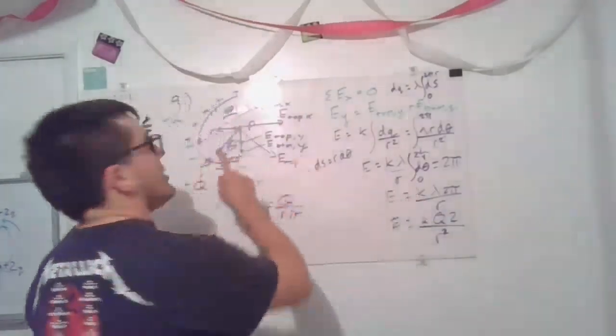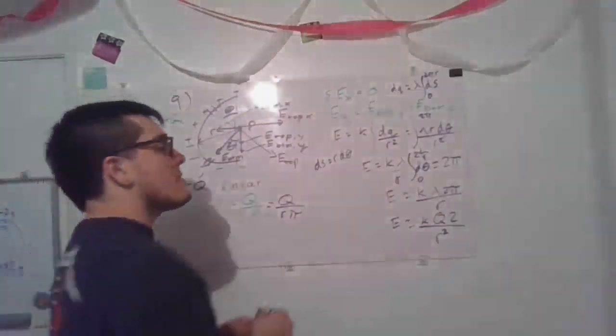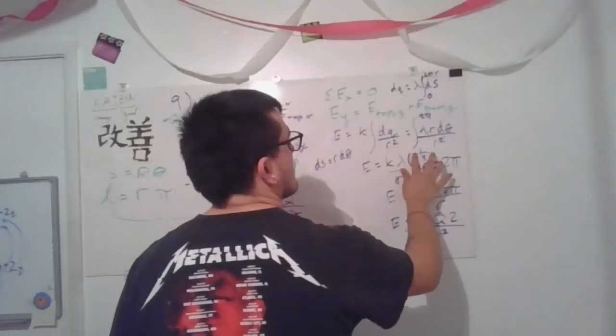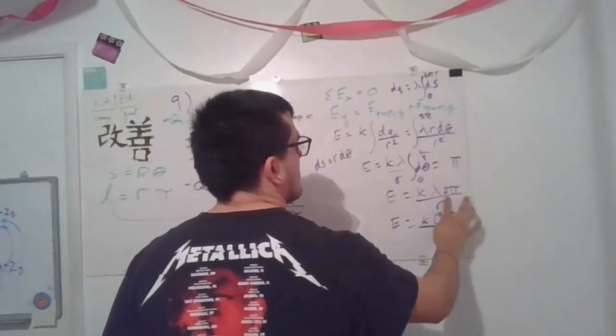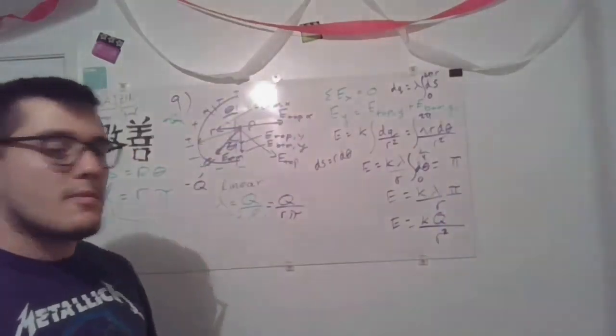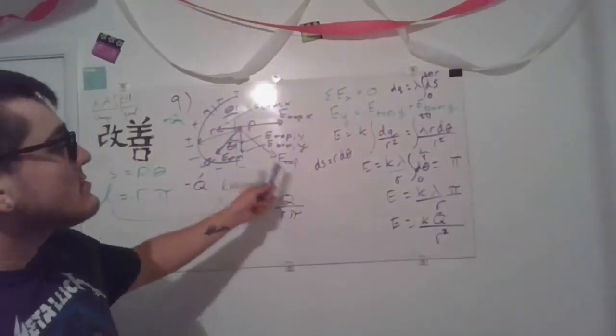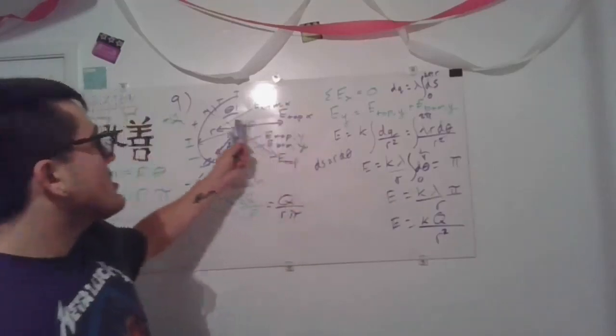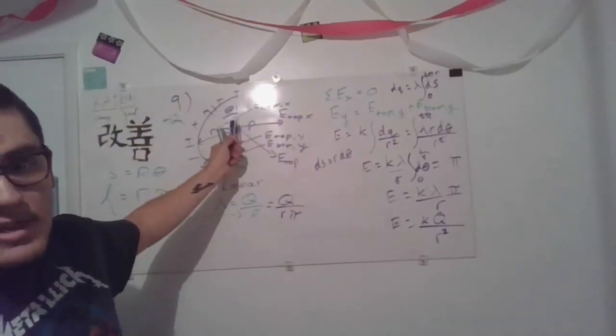This is from 0 to pi, right? That's where I messed up. There we go. Good catch. Because I'm starting from this theta, right?